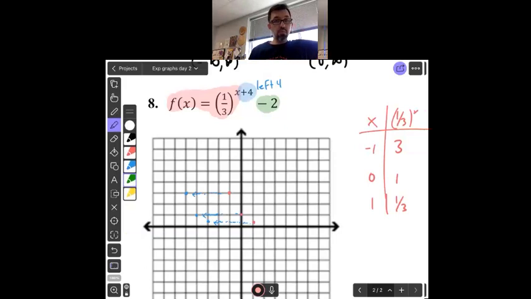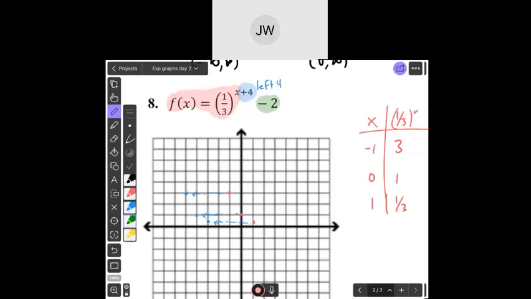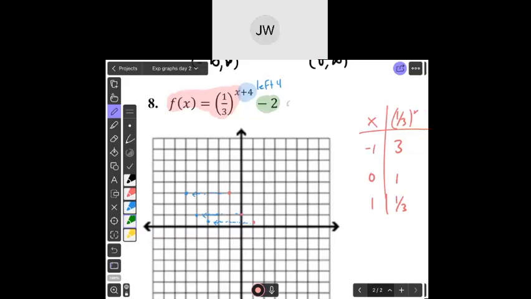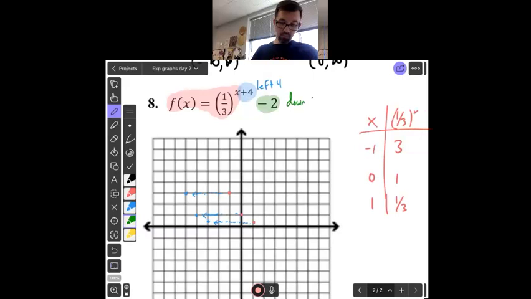And then we look at the -2. So Elijah, what's that -2 doing? It moves to the right 3. Or 2, sorry. No, right, not right 2. Down 2, sorry. Down 2. Okay.